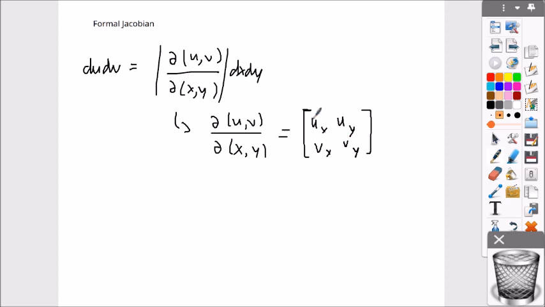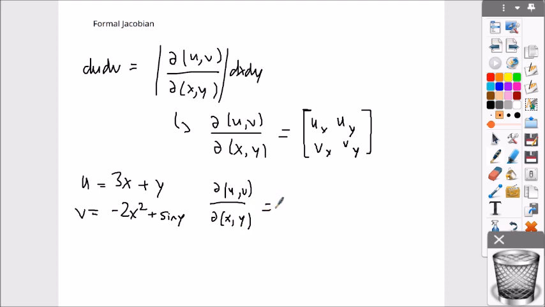How does that work? Let's say u is 3x plus y, and then v is negative 2x squared plus sine y. So you will have the Jacobian of u, v over x, y is equal to what?